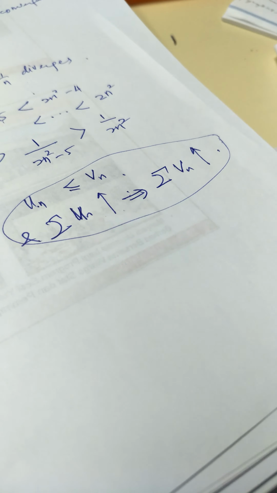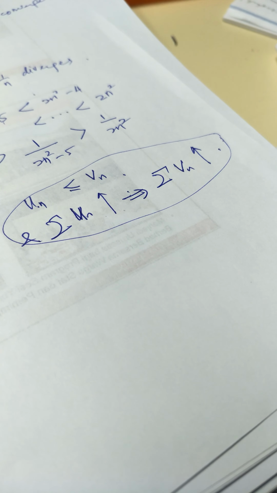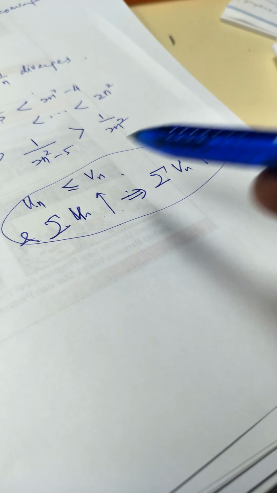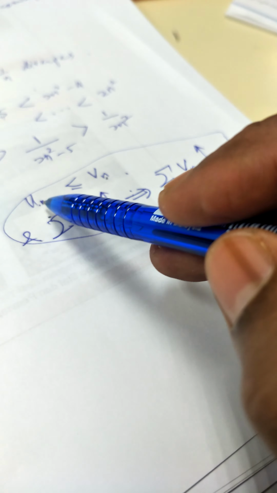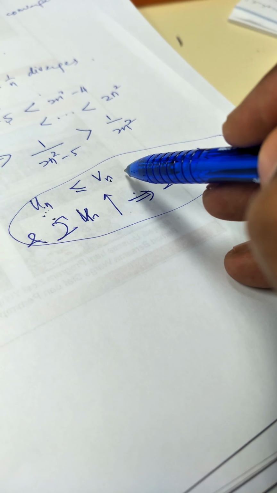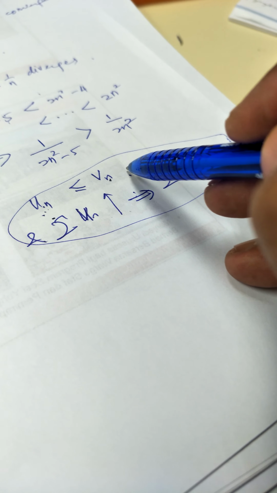So this is the comparison test that we have. If the bigger series converges, then the smaller series converges. If the smaller series diverges, then the bigger series diverges. Okay?